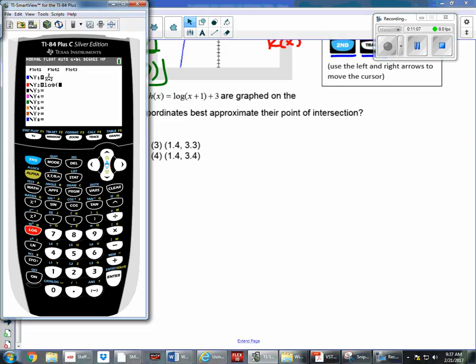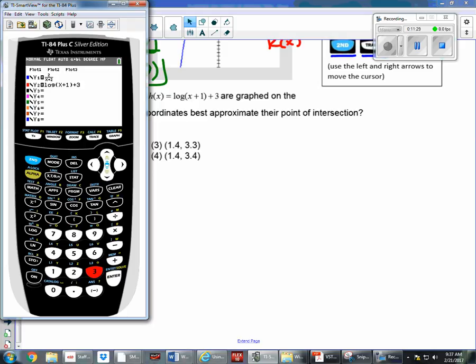I'm going to use the log next to the 7 because there's no base given, so I know it's 10. If there was a base for the log, I would have to do alpha window instead. But I'm okay just typing the log in as I see it, using the log button that's to the left of the 7.